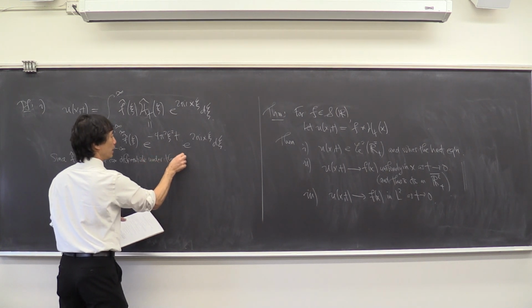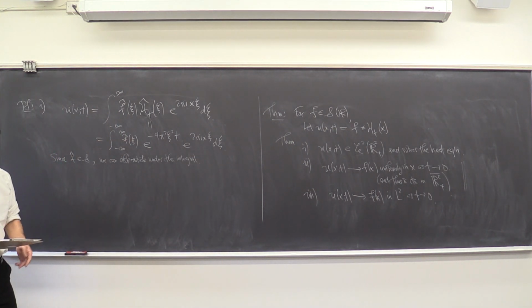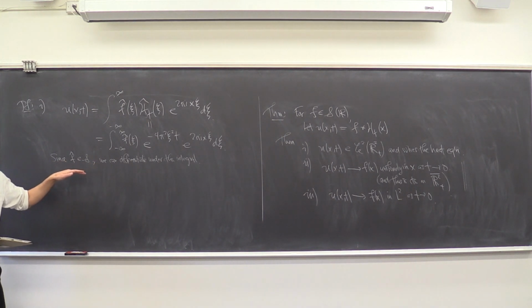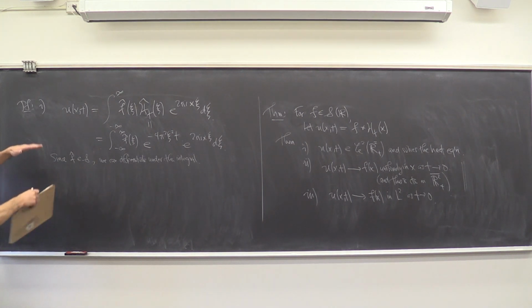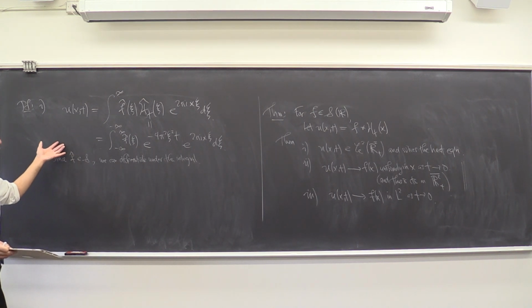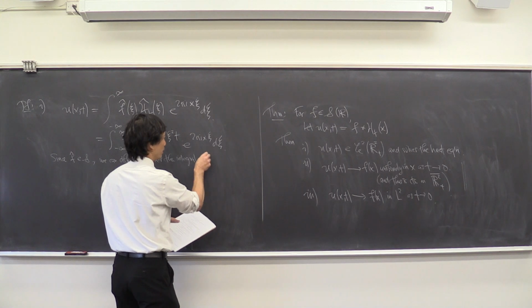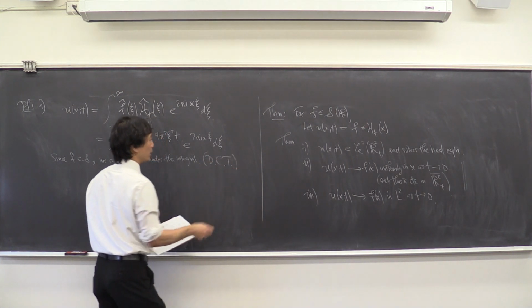That is, the derivative can pass inside the integral. What property of the Schwartz class allows you to do this? It's actually dominated convergence. Because of the rapid decay, you can use the so-called dominated convergence theorem, and that will allow you to change the order of the limit and the integral. So secretly, this is the dominated convergence theorem.